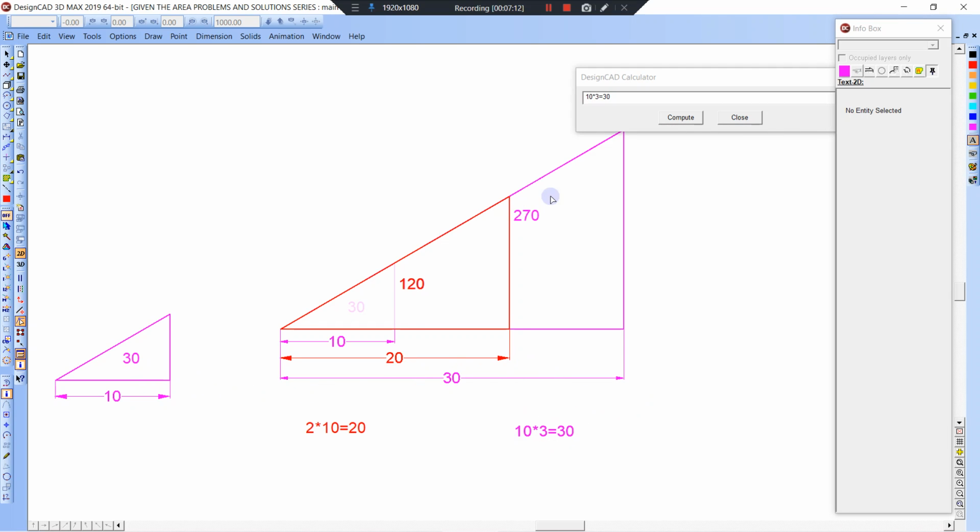So the area, which is 30, times 3 squared.